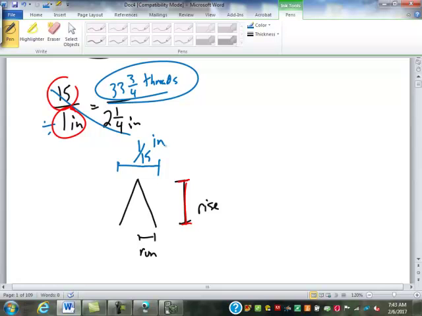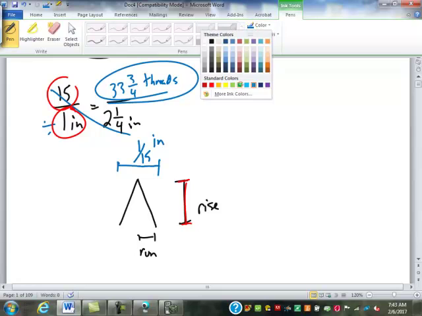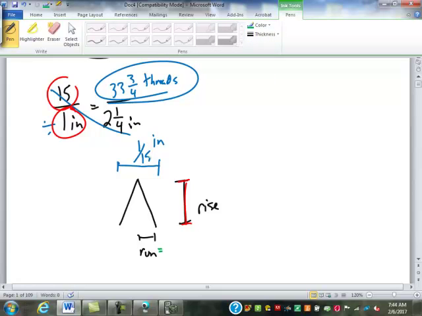Does that make sense? There's 15 of them in an inch. Each of them is a 15th of an inch. Which means then that the run must be half of a 15th. 1/15 divided by 2 is a 30th of an inch. Does that make sense? So then your rise, if it's a 2-to-1 rise to run ratio, if the run is 1/30th, that goes on bottom.